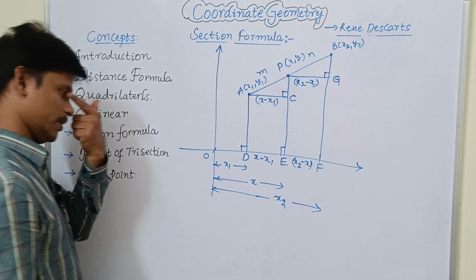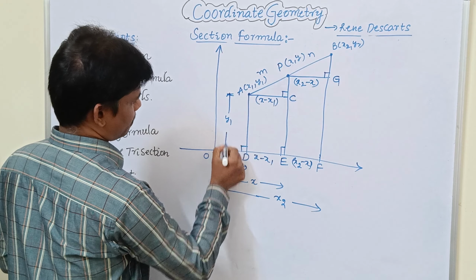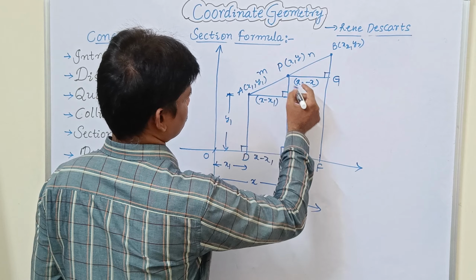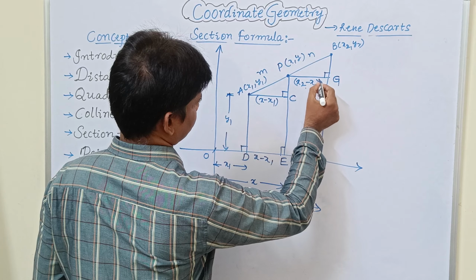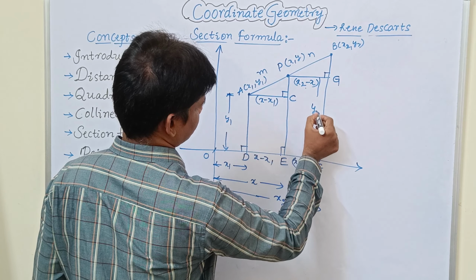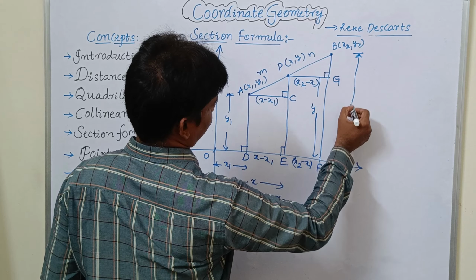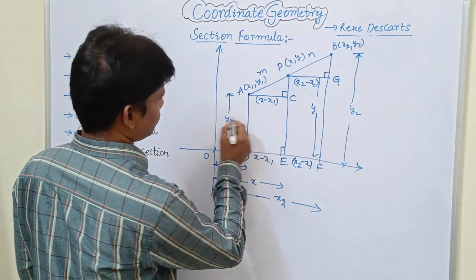Okay. So in the same way, on the y axis, take this as y1. This is y. This is y2. So what is this distance?